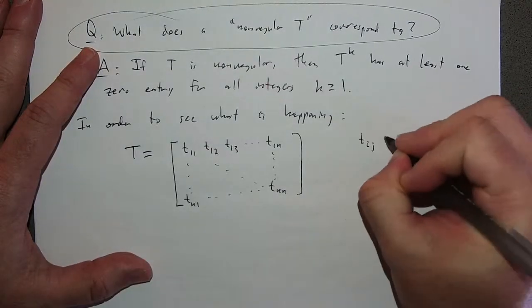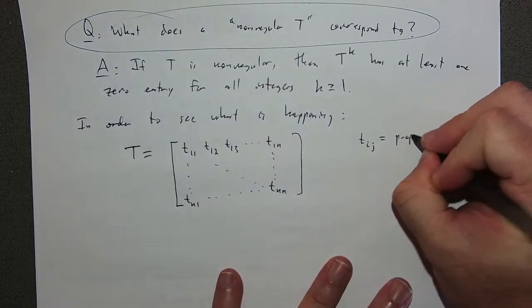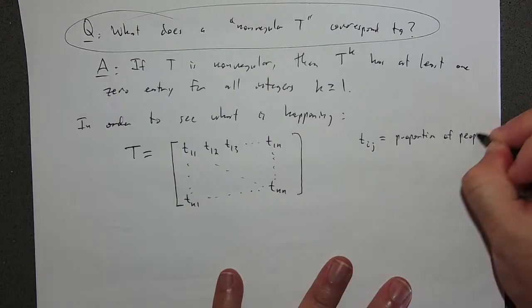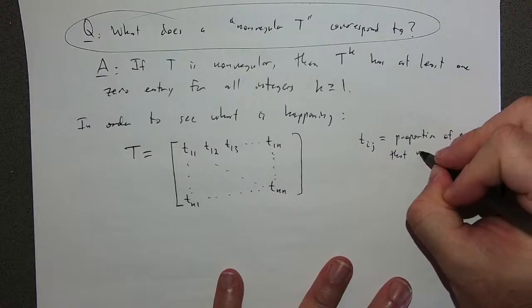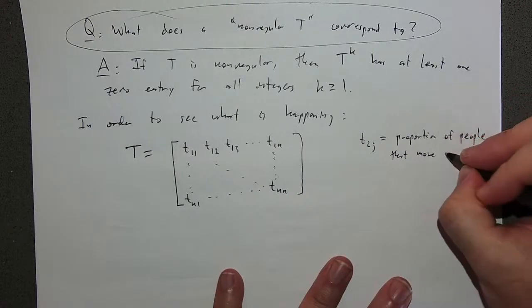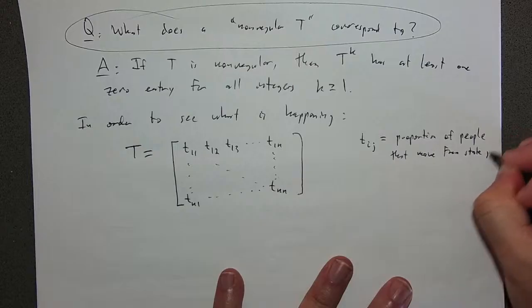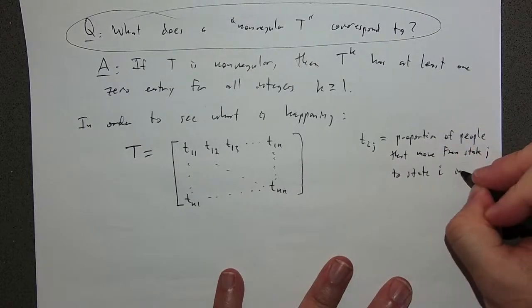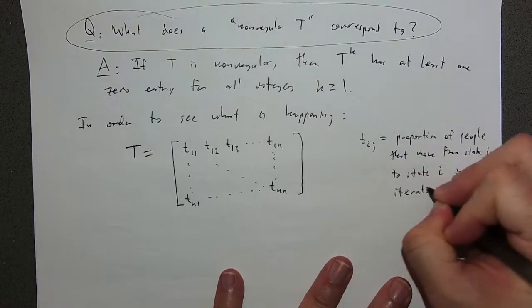We have written before that T sub ij equals the proportion of people that move from state j to state i in one iteration, in one step.